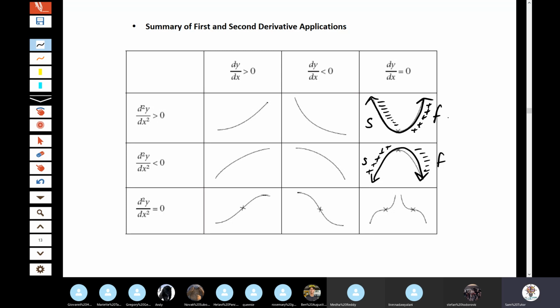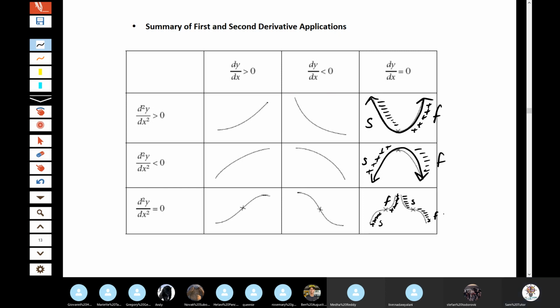Does anyone actually not see the slow and fast? You've got to make sure right now. All good? The point of inflection, this one is increasing slow, then increasing fast.